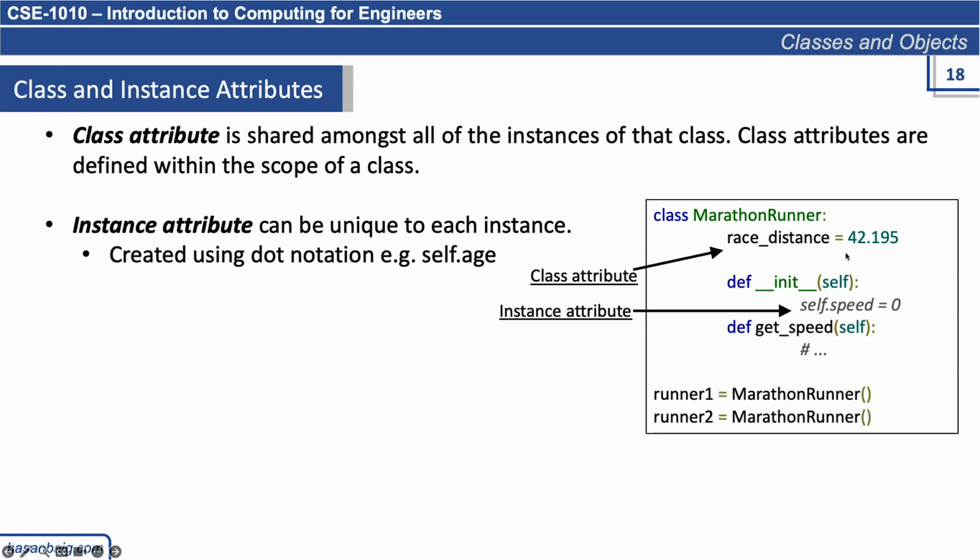This race distance is defined outside any method. This is commonly referred to as the class attribute, and it is visible to every object. This value will be constant across all the objects that we create out of this class template.